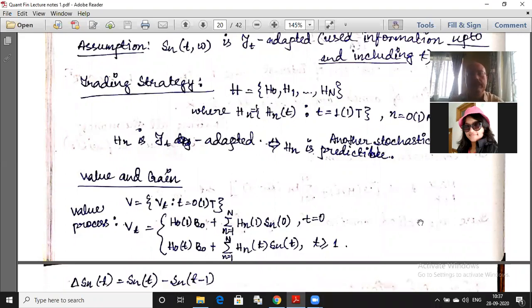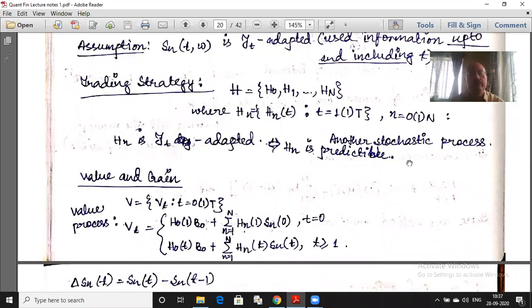So the trading strategy will again be a vector of n+1 items, n stocks and one bank, but now it will be a time indexed process because I have multiple times, and at all time points before capital T, up to t-1, I can reconsider my trading strategy. That is, I can revise my portfolio. So H^n is now indexed by H^n_t, t equal to 1 to capital T.